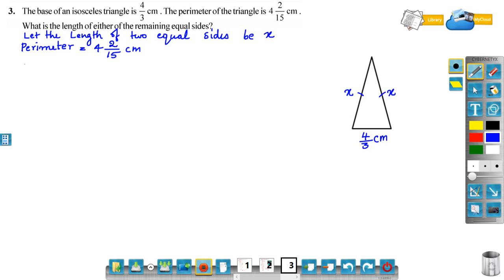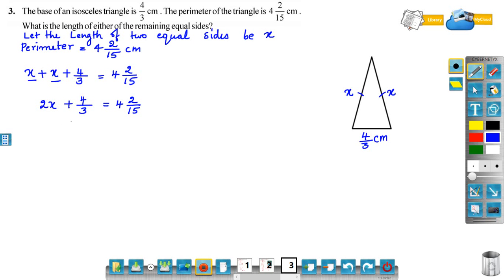Now sides are: one side is x, another side is x, and base is 4 by 3. Sides x, x and 4 by 3 is equal to 4, 2 by 15. Now x and x are like terms. x plus x is 2x, plus 4 by 3 is equal to 4, 2 by 15.